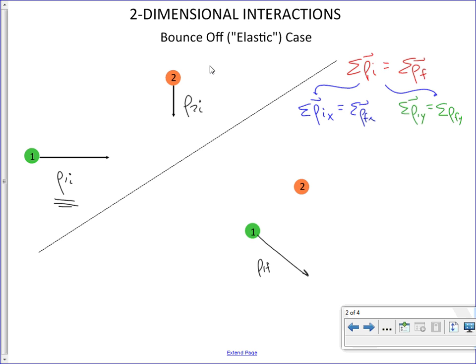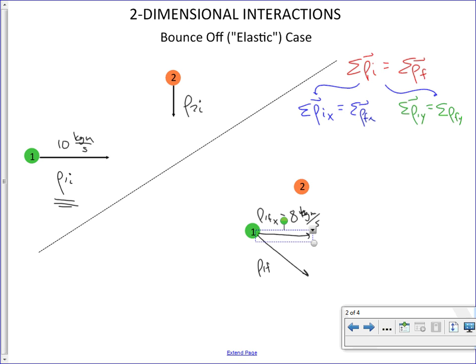Well, how much do we have so far? We have this much. So here's P1 final X. And let's say this is, I don't know, 10 kilogram meters per second. Just made that up completely. Well, if this is, say, I don't know, looks like maybe 8 kilogram meters per second.